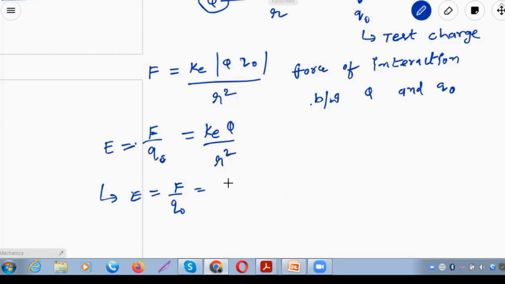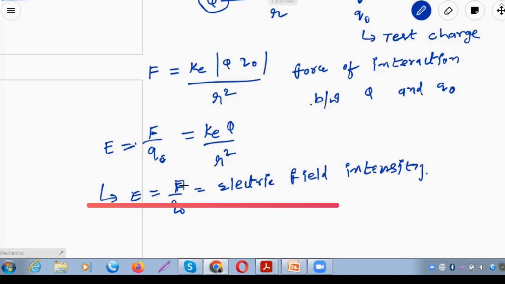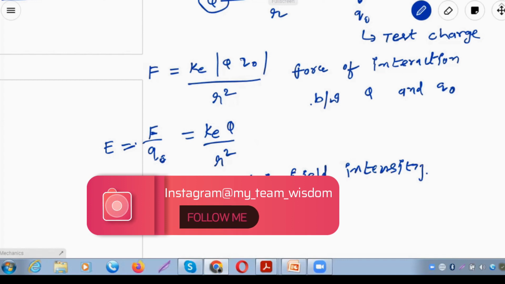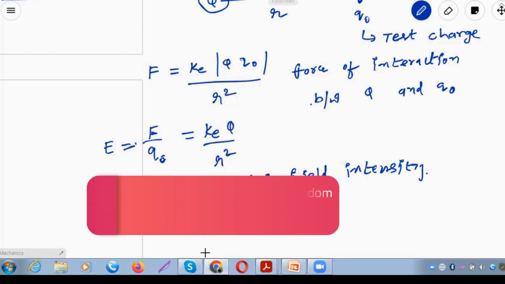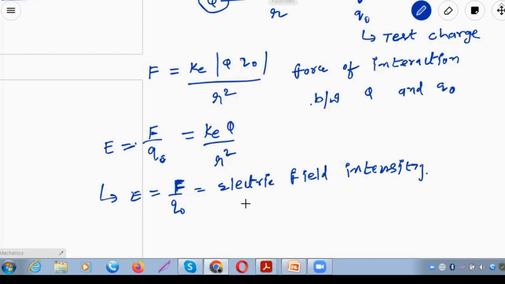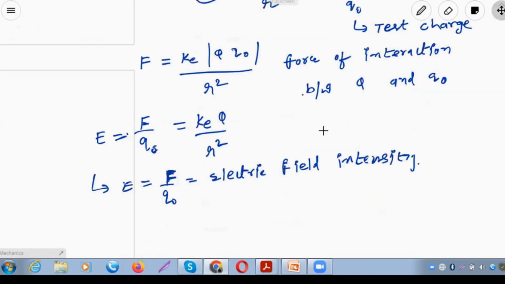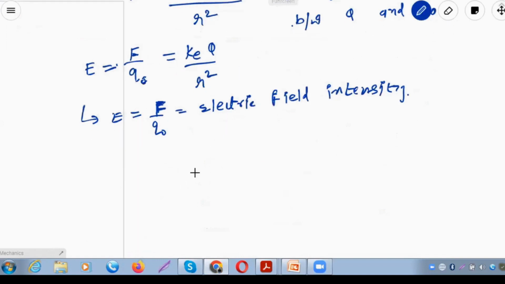This is called the electric field intensity. Electric field intensity is the amount of force per unit test charge. Electric field is a vector quantity, so you need to indicate the direction.